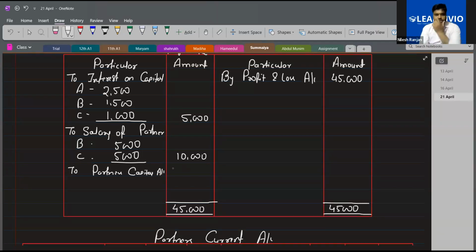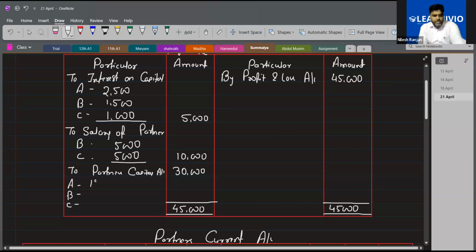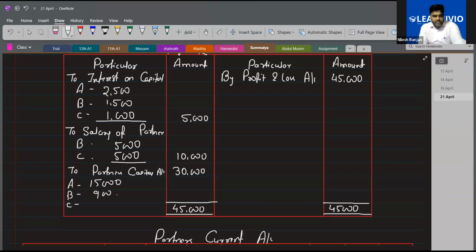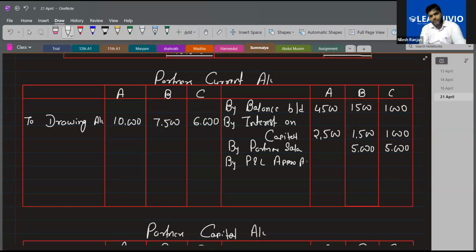So 10,000, 5,000, it will be 30,000 balance. 45,000 minus these two, 30,000. Now A, B, actually we have little space. Distribution will be done in 5:3:2. So 15,000, 9,000 and 6,000. And this will go in current account also, by profit and loss appropriation account, 15,000, 9,000 and 6,000. We will calculate the total.